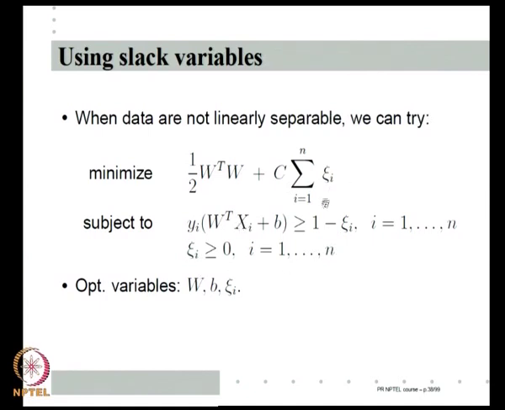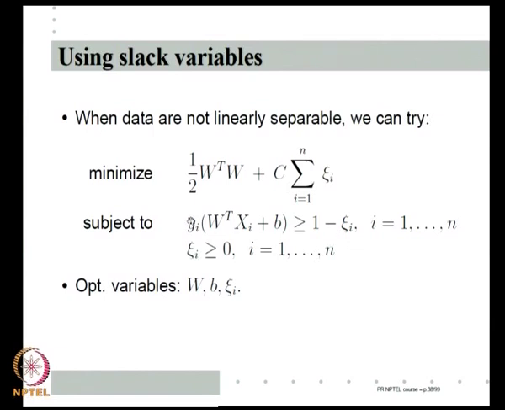So essentially xi measures a penalty of how much you are unable to satisfy your required separability constraint. If I did not have this minus xi, y_i times (w transpose x_i plus b) greater than or equal to 1 is my separability constraint. I am unable to get w, b so that for each i it is definitely greater than or equal to 1. I said, okay, at least get it greater than or equal to 1 minus xi for some slack xi. Now, I do not want too much slack.